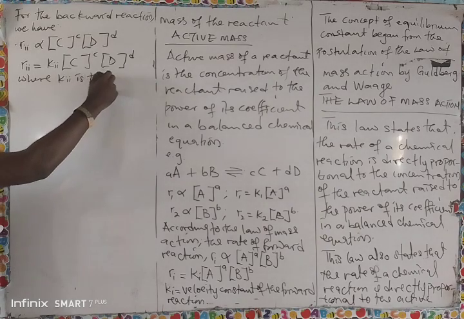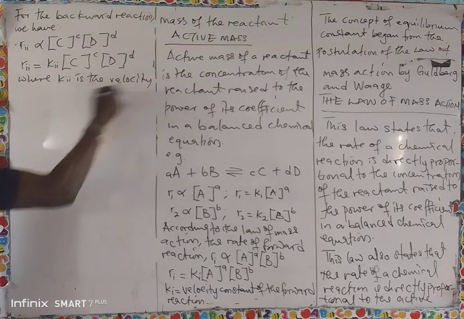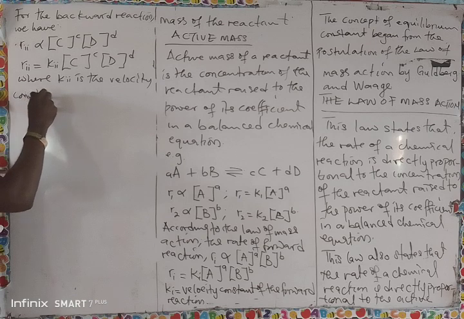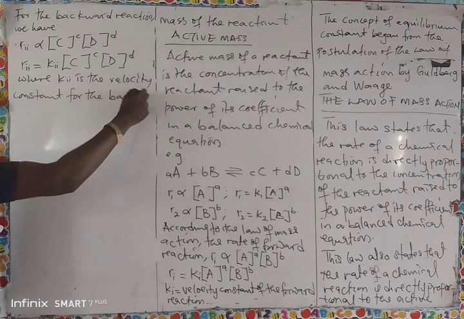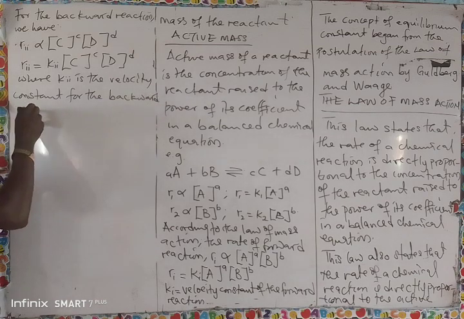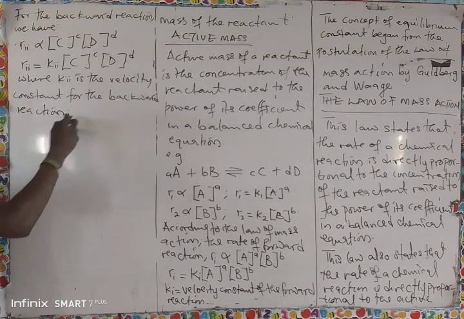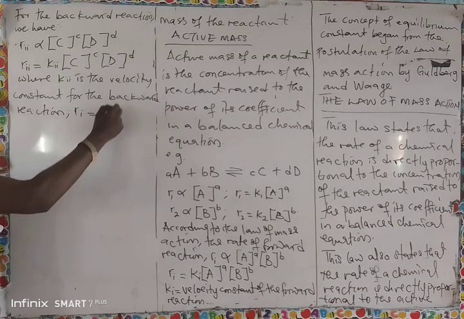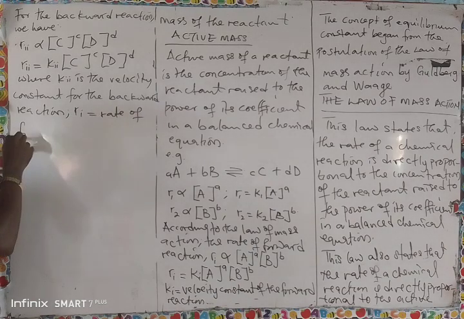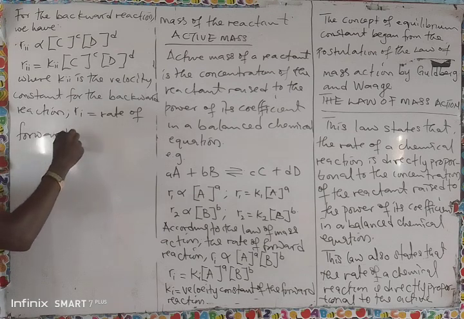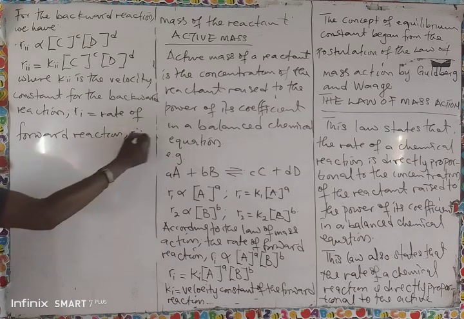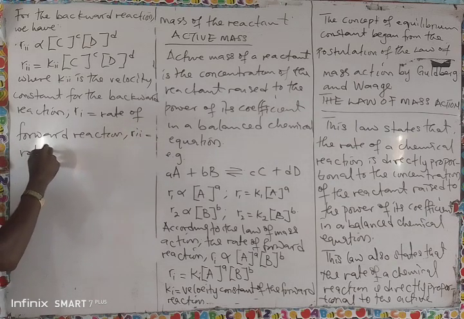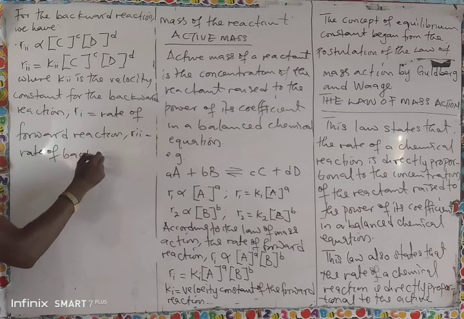Now K2 is the velocity constant for the backward reaction. Then R1 is the rate of forward reaction, and R2 is the rate of backward reaction.